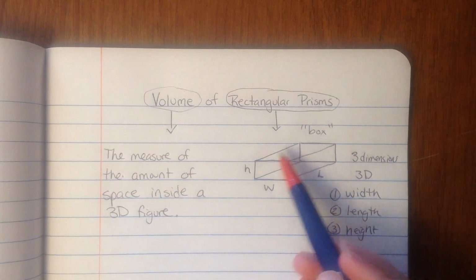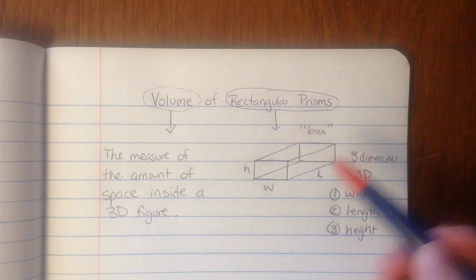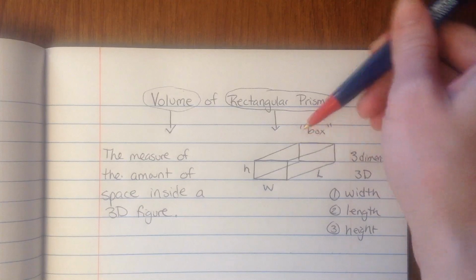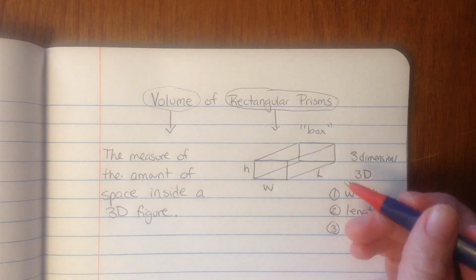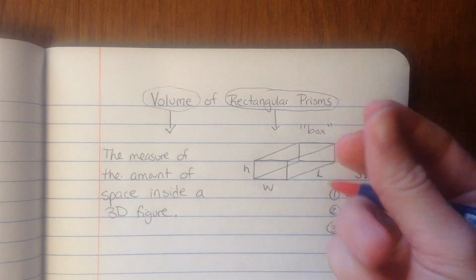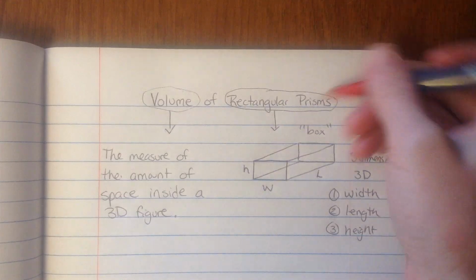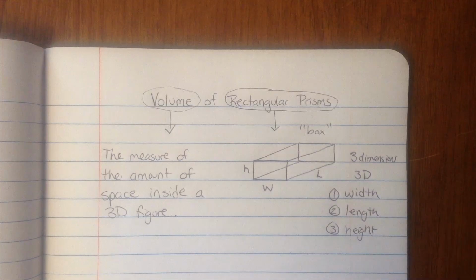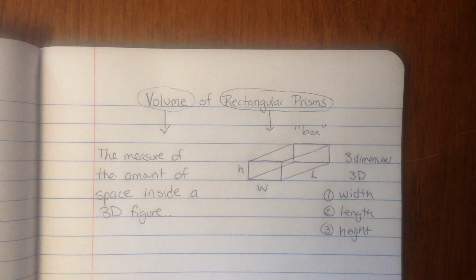So if you think about maybe this is a pool and you're filling it up with water, how much water will go inside? Maybe it's a Christmas present and you're thinking about how many presents am I going to be able to put inside this box? Maybe you're mailing something glass and you're filling it up with those styrofoam packing peanuts. Do y'all know what I'm talking about? The little squishy things. How much am I going to have to fill up this box? And so we're talking about the inside of the box when we're thinking about volume.